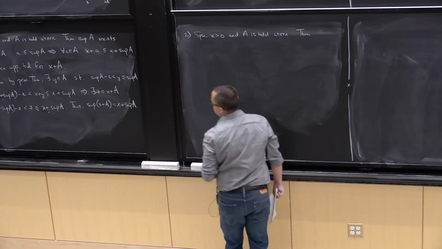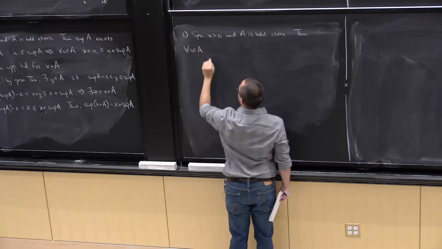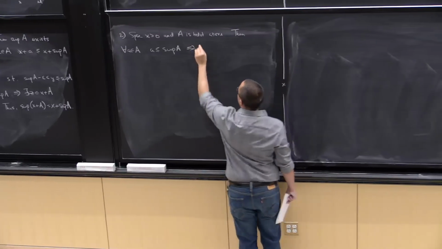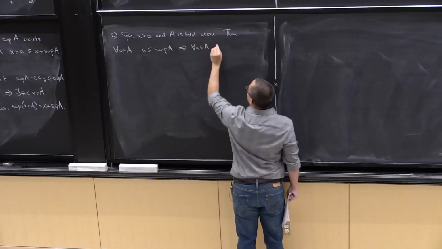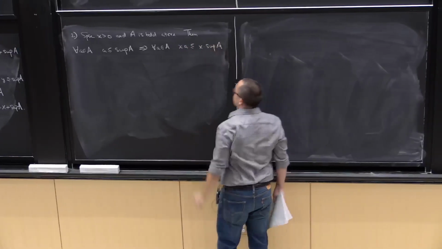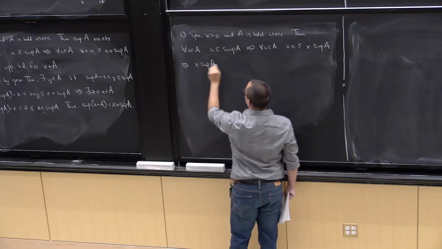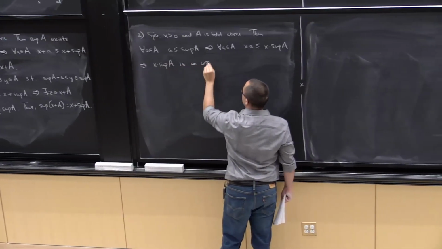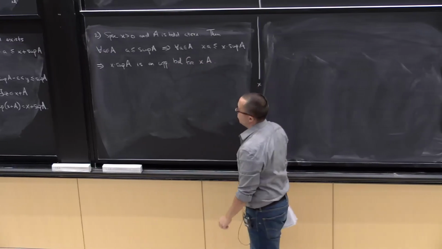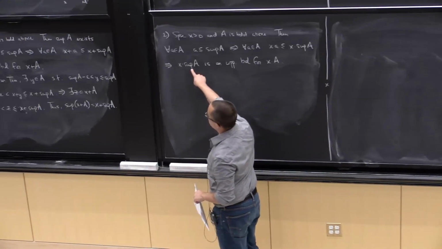And because sup A is an upper bound for capital A, then for all a in capital A, a is less than or equal to sup A, which implies that for all a in capital A, x times little a is less than or equal to x times sup A, which implies that x times sup A is an upper bound for x times A. Okay, so we've proven that x times sup A is an upper bound for the set x times A.